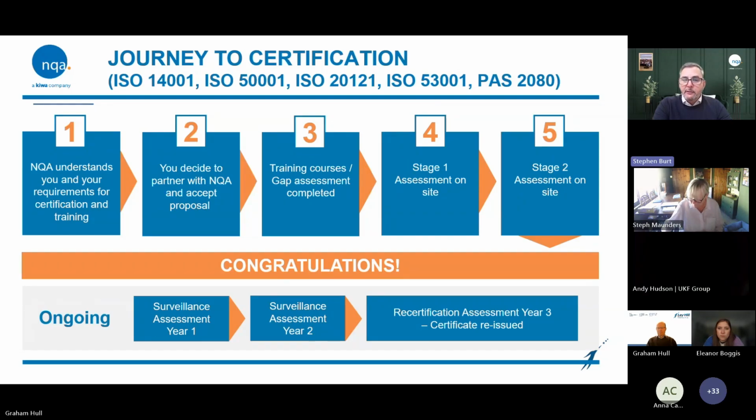It's very important actually that if you're choosing to demonstrate to your customers, your supply chain, your stakeholders that you have a good environmental management system in place, for example, or you have a good energy management system in place, choosing a UCAS accredited body to undertake that certification piece is very important for credibility purposes, but also in your supply chain.